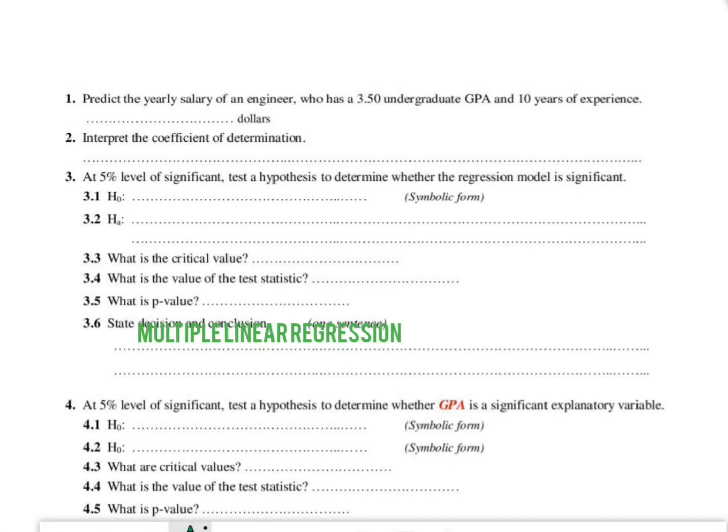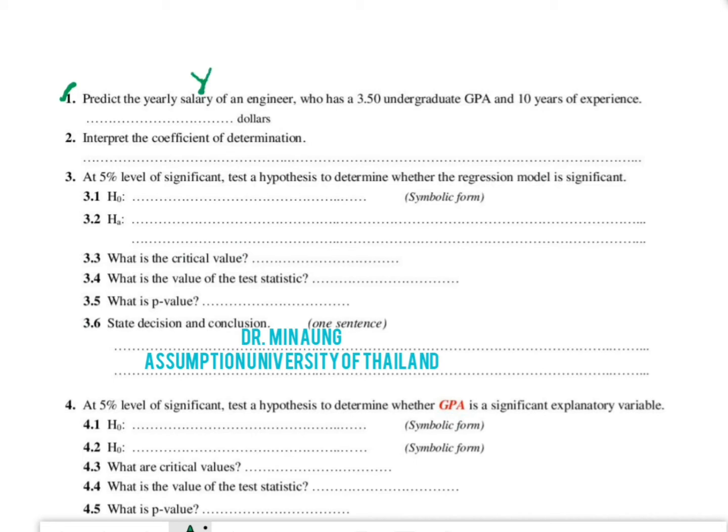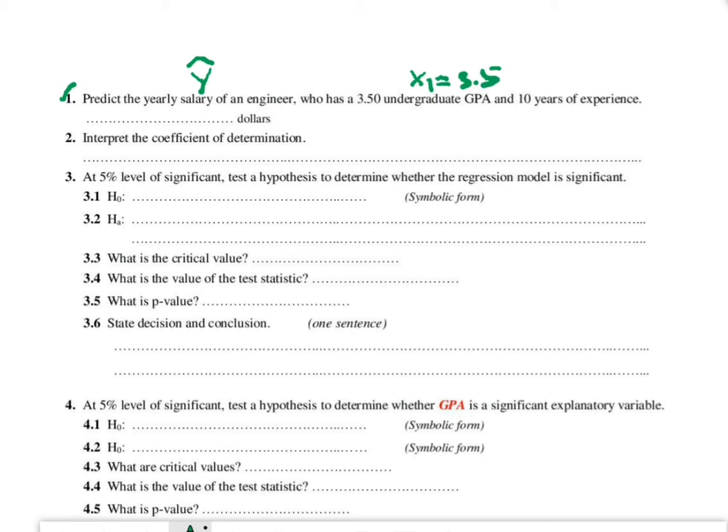Now question number one, predict the yearly salary. We have to predict, estimate the y, for an engineer who has a 3.5 undergrad GPA, x1 is 3.5, and 10 years of experience, x2 value is 10.